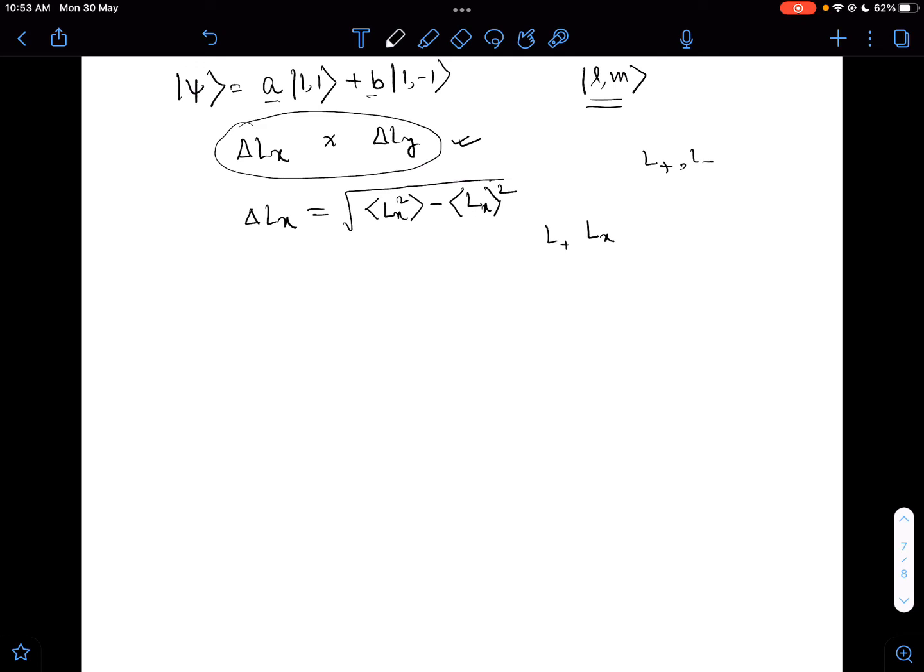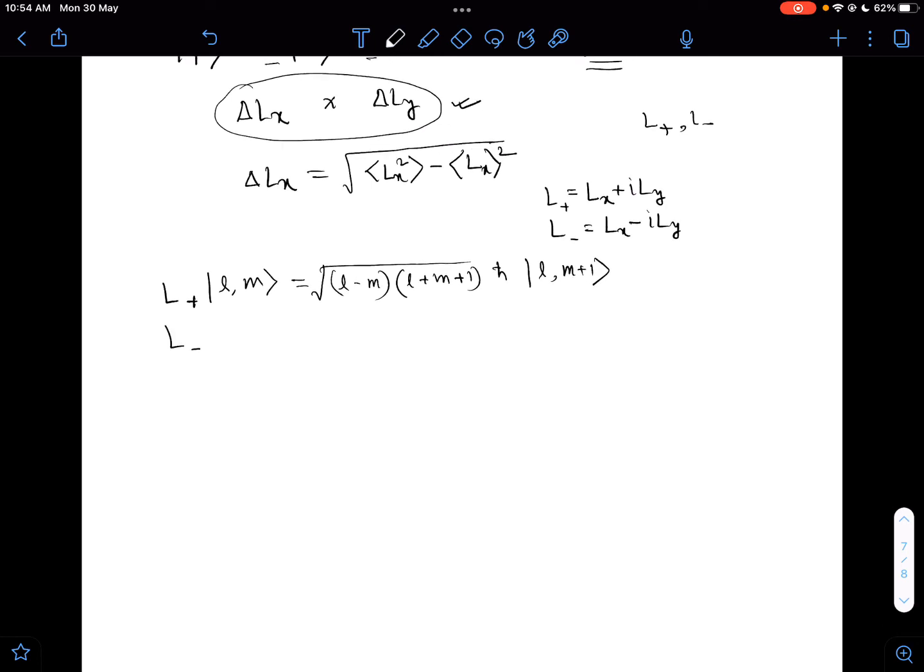We know the raising operator is defined as Lx plus i Ly, and the lowering operator is defined as Lx minus i Ly. The action of the raising operator on a state |L,m> is root of (L minus m) times (L plus m plus 1) h cut, and it will make the state m to m plus 1.